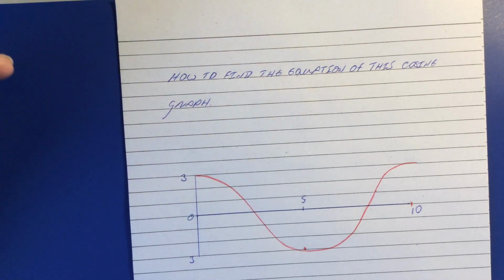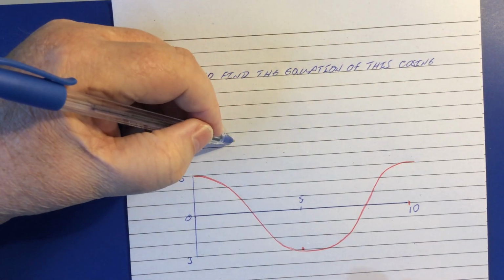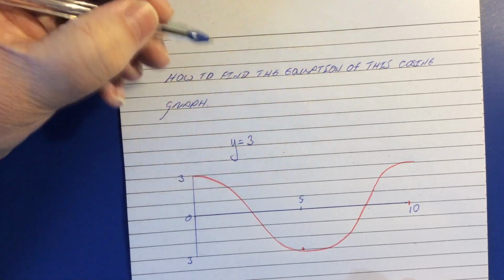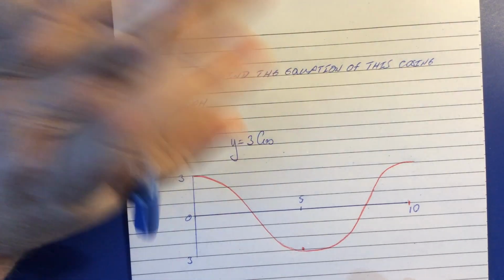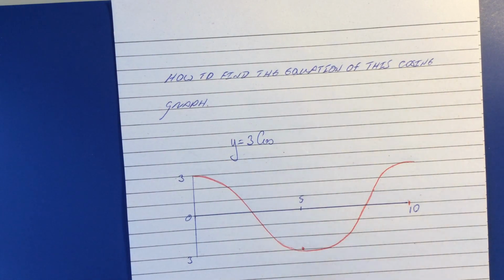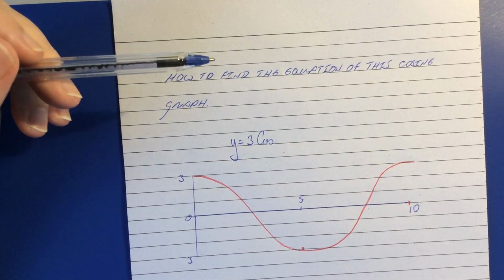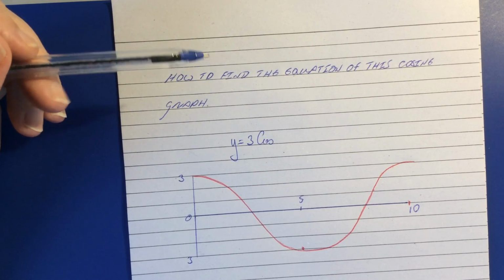So that's pretty simple. And I'm just going to make a quick note of that up here. So this is y equals 3 cos something. And that something is what we're going after now.